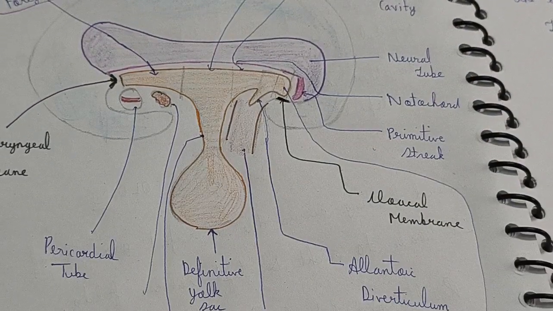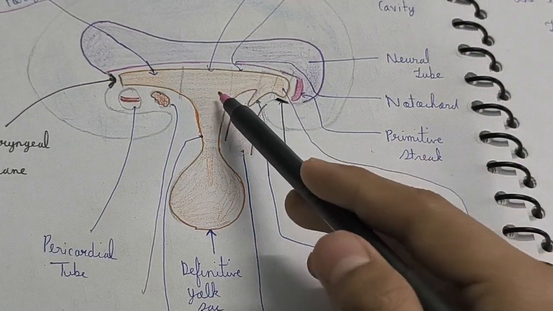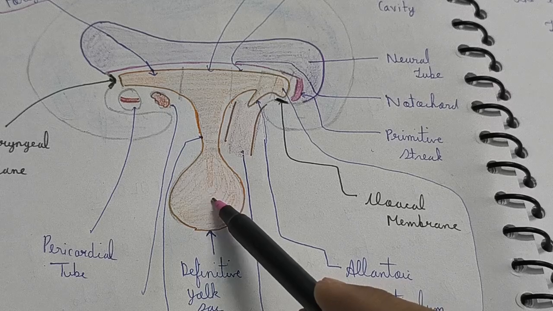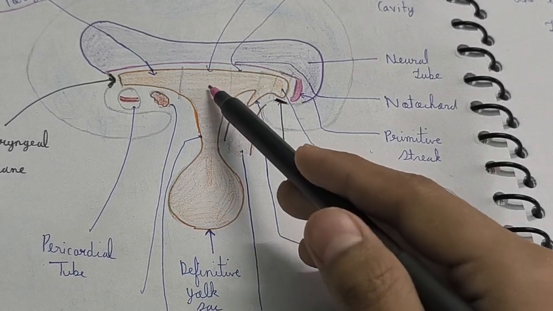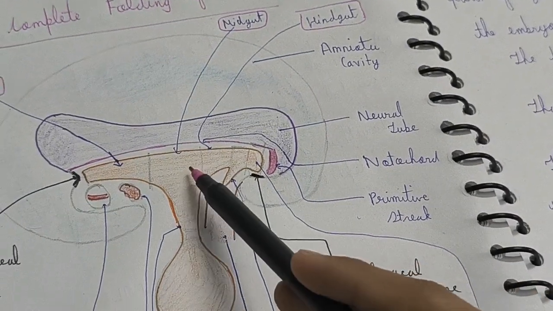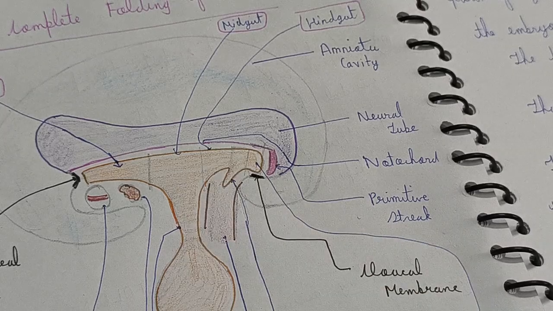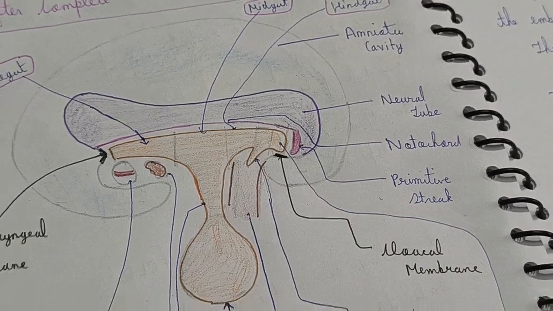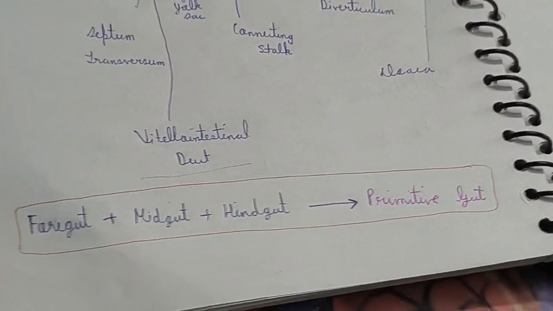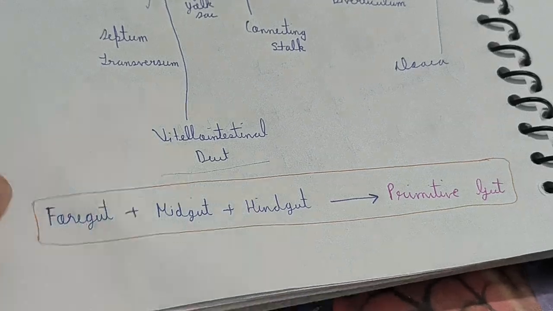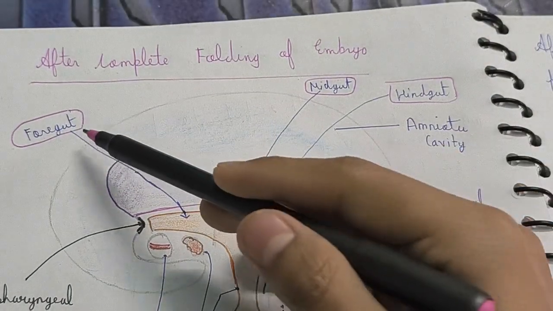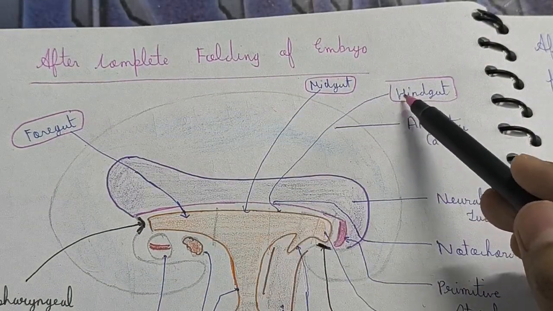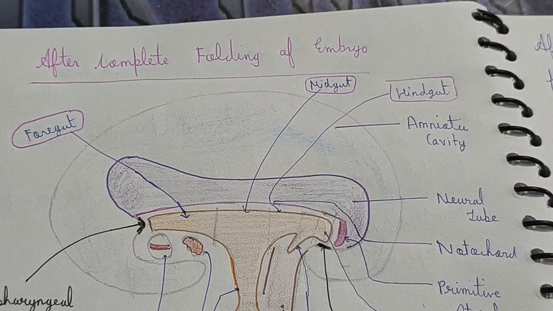After the complete folding of the embryo, it is the duct which connects the definitive yolk sac to the primitive gut, and this is known as the vitellointestinal duct. This primitive gut consists of foregut, midgut and hindgut. That means the foregut, midgut and hindgut together make the primitive gut.